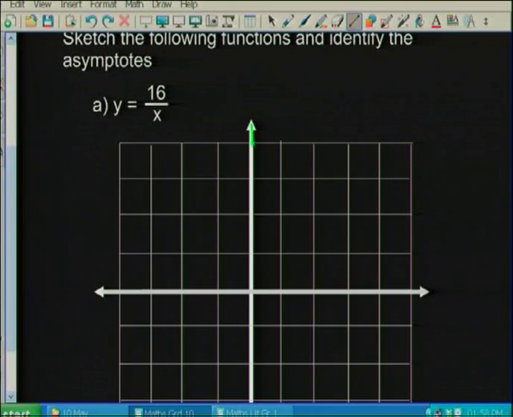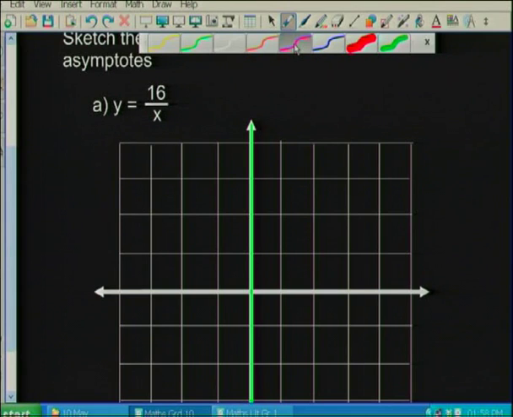For this year, our one asymptote will always be the y-axis. So the y-axis will always be an asymptote, and that is a vertical asymptote. Vertical meaning it goes down. So the equation of the y-axis is actually x is equal to 0.